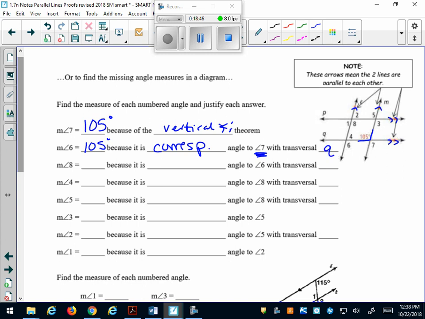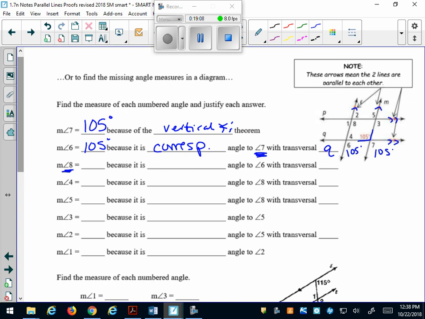All right, so even though some of these angles you might think to get them a different way, you kind of have to look to the end of the sentence and see how they're related. So what about angle 8? Angle 8. And you might want to label these as you go because sometimes it helps you.